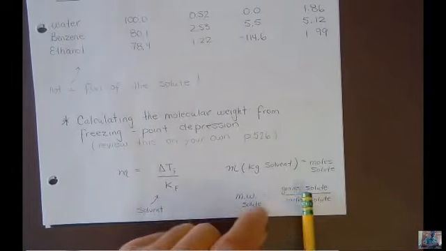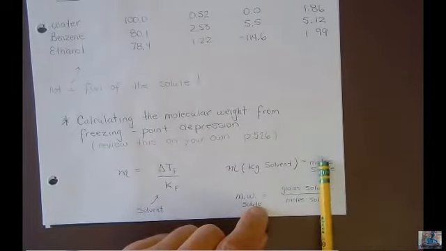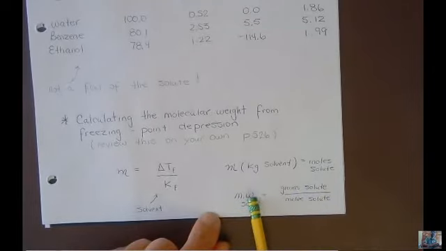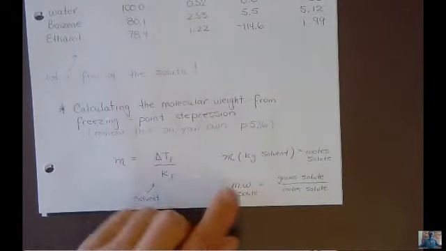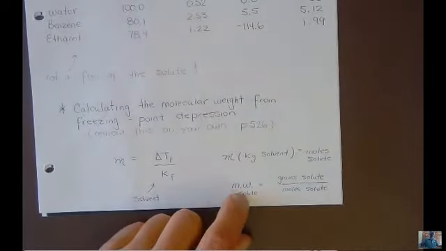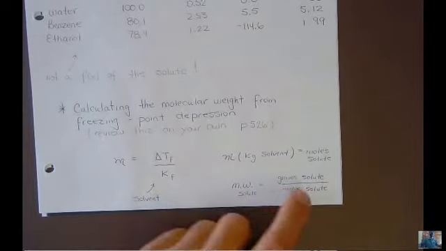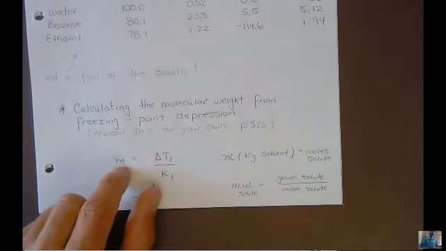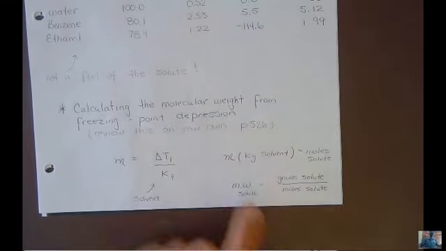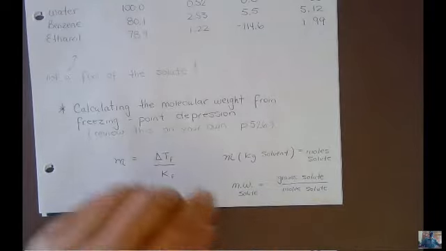I weighed it out. So I take the grams divided by the moles that I get from this equation, and use it to calculate molar mass. So in Chem 2 lab, this is a great experiment that you would get: you use freezing point depression to figure out the molecular weight of an unknown solid. It's a pretty good technique.